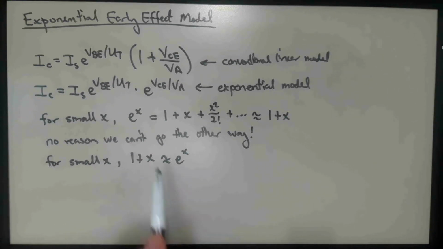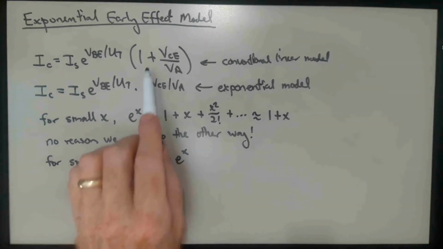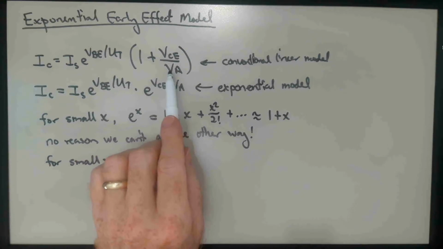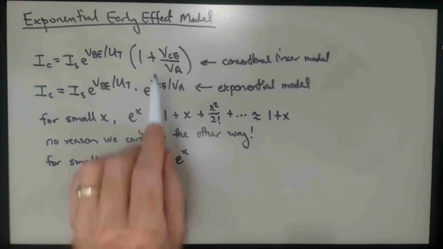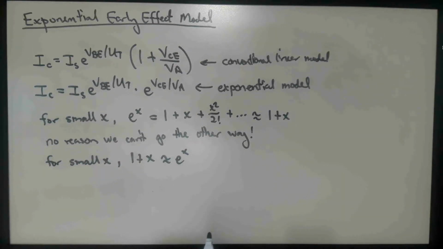Well, here what we're saying is that if this VCE over VA is sufficiently small, then e to the VCE over VA should be a good approximation to it. And VA is typically, for a bipolar transistor, on the order of, like I said, 25 volts.